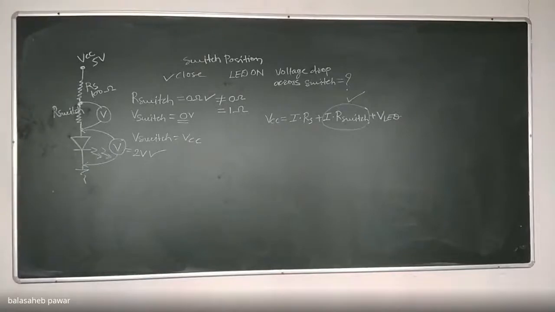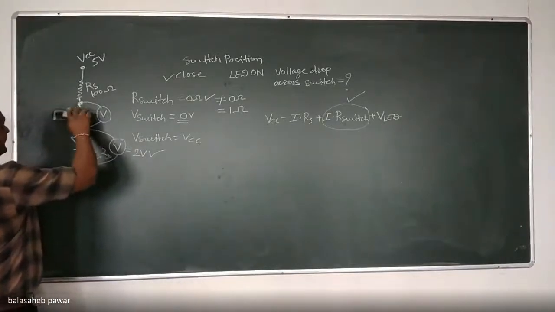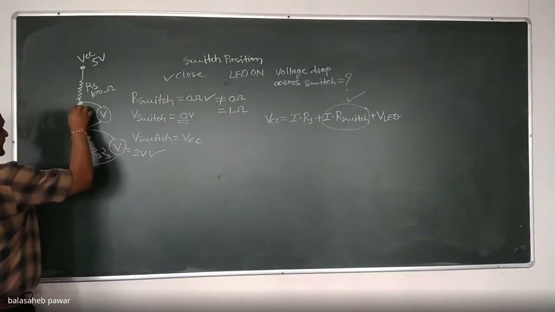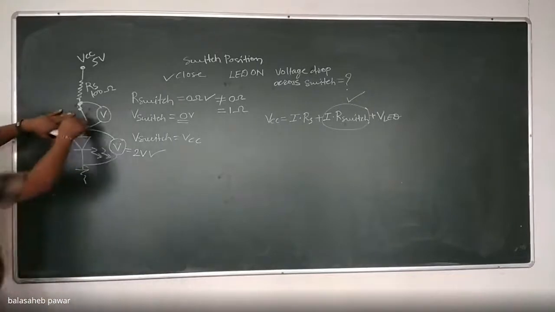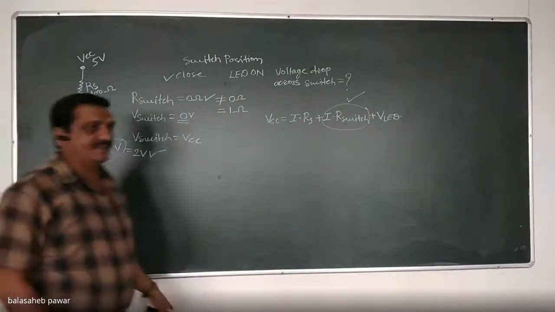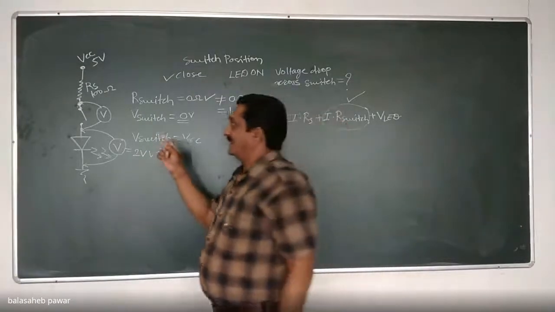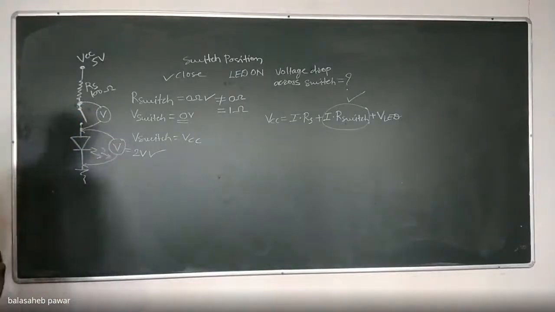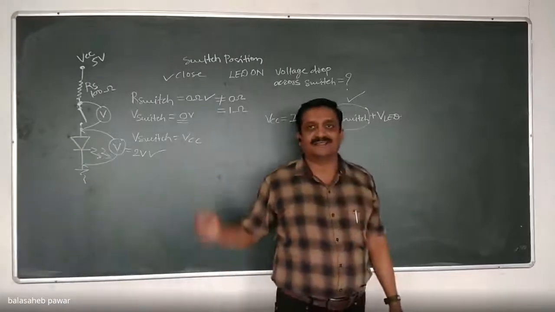So see what you will do: if you want to turn on and turn off this LED, you are going to purchase a switch from the market which has good properties. Which properties? That means its on resistance. Whenever it is in on condition, how much resistance that switch offers is an important characteristic of that switch. Okay. Basically, copper material is used within that switch.